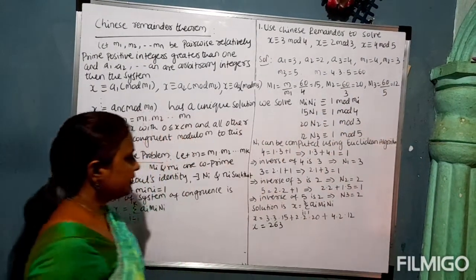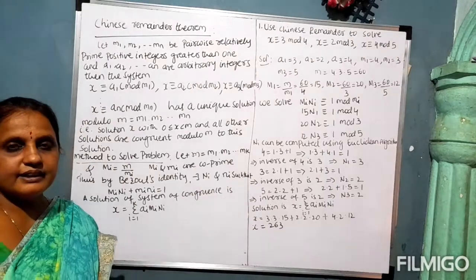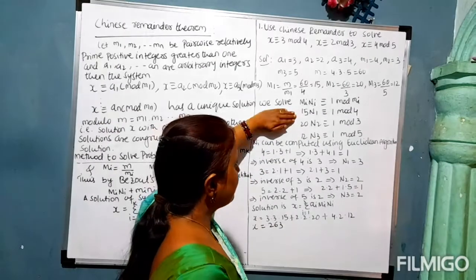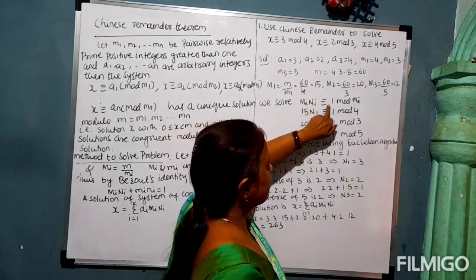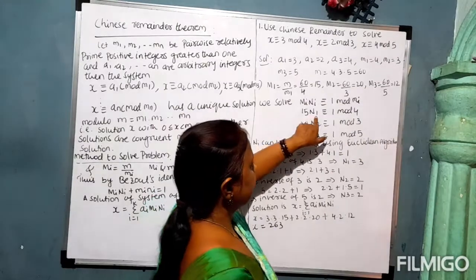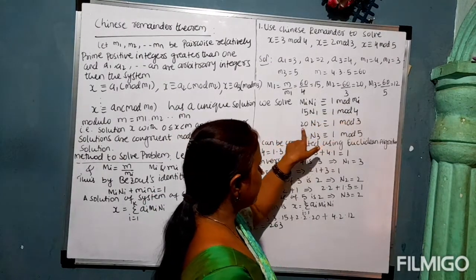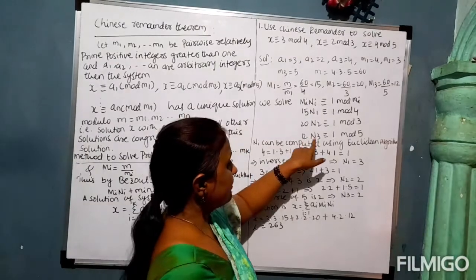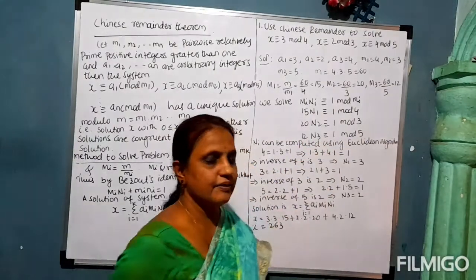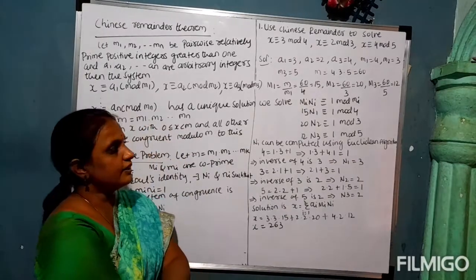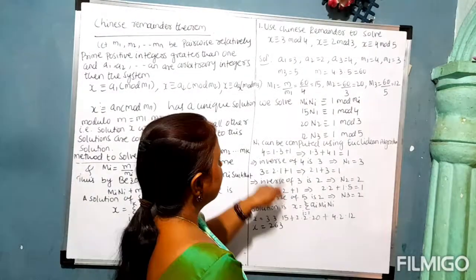Now our aim is to find capital N1, capital N2, capital N3. So we have to solve Mi Ni is congruent to 1 mod mi. That is 15 N1 is congruent to 1 mod 4, 20 N2 is congruent to 1 mod 3, 12 N3 is congruent to 1 mod 5. We use the Euclidean algorithm again.